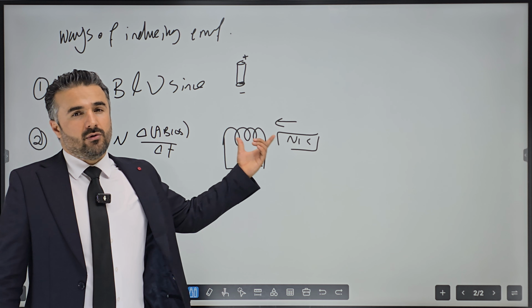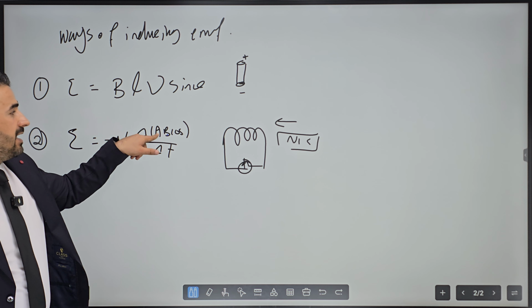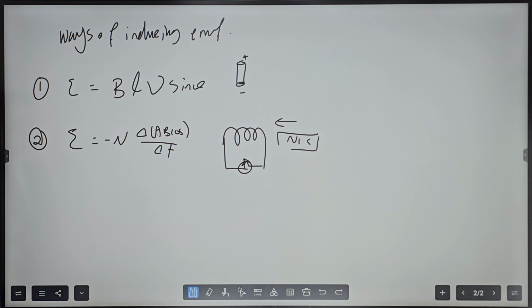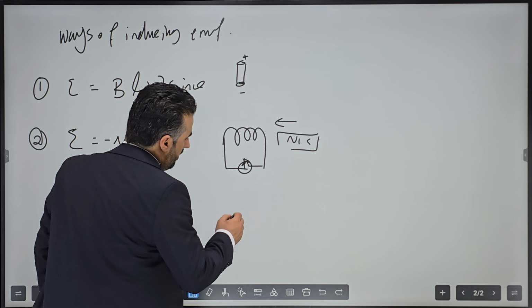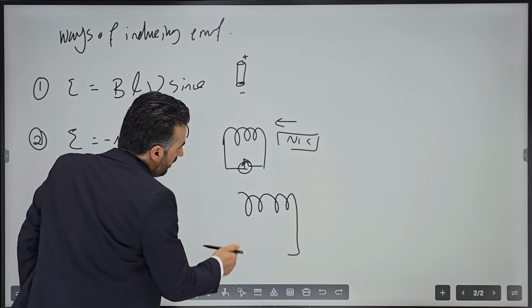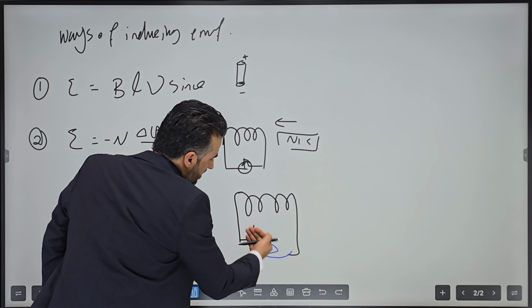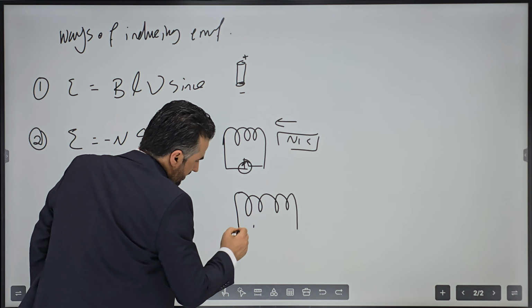When we have one coil, but static, we use this equation if the magnetic field or area changes. And then we also learned about self-induction. If the current in a coil changes, let's say here's a battery with a rheostat, I'll just draw this a bit nicer perhaps.